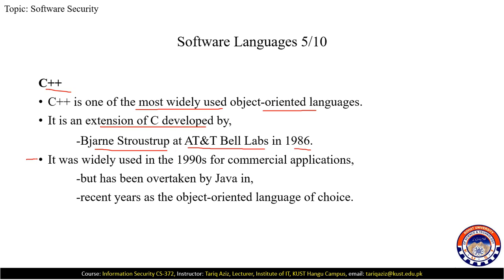With respect to usability, it says that it was widely used in the 1990s for commercial applications, but this language was overtaken by Java, which is another object-oriented language, and nowadays Java is very popular in the market.